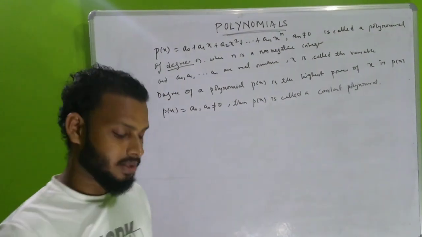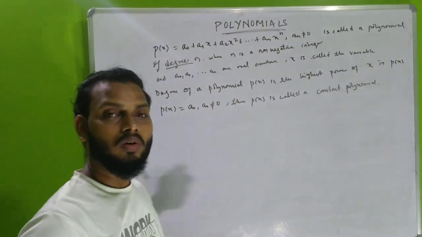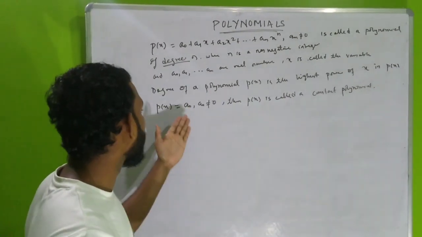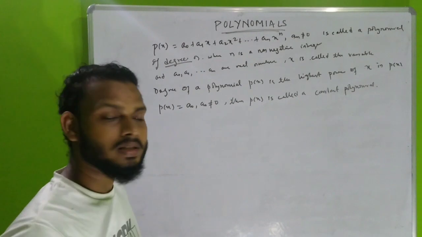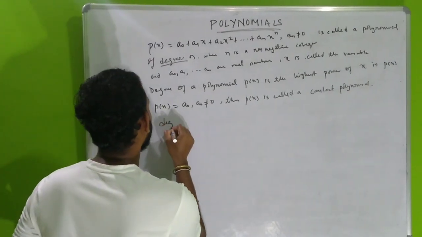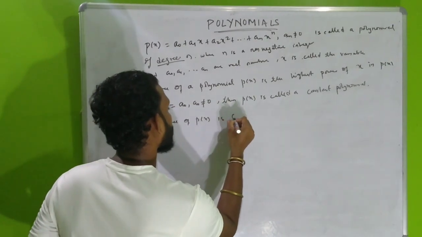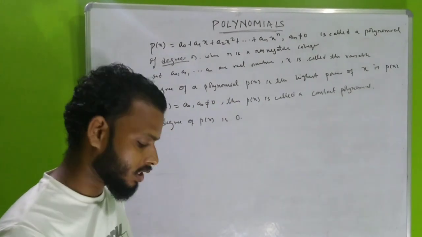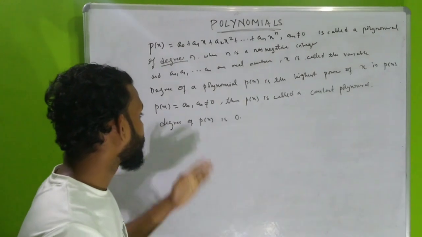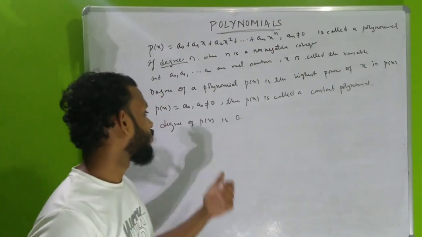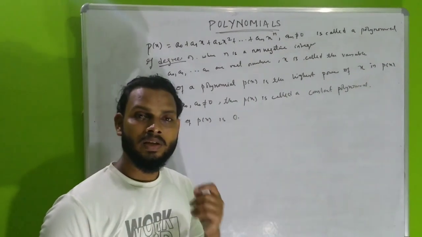You can see by the definition of degree, the degree of this constant polynomial is 0, since the highest power of x in p of x is 0. So this polynomial has degree 0.